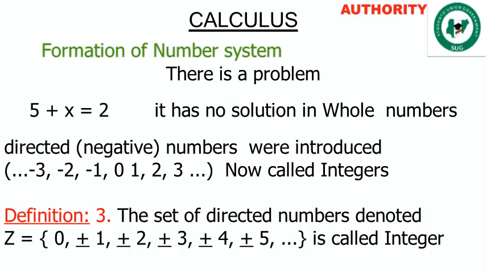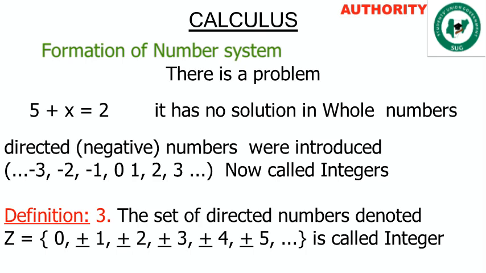You would just say that integers is the set of directed numbers denoted by Z. For example, Z is equal to 0, plus and minus 1, plus and minus 2, plus and minus 3, plus and minus 4, plus and minus 5, etc. You get it? That is the introduction of negative numbers.